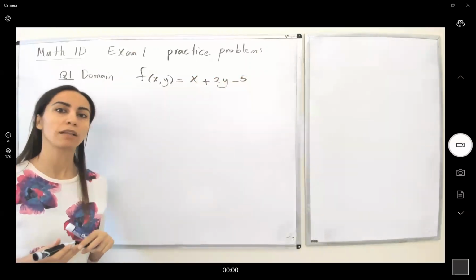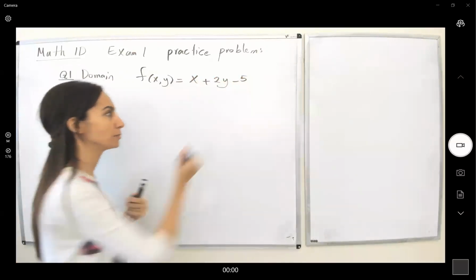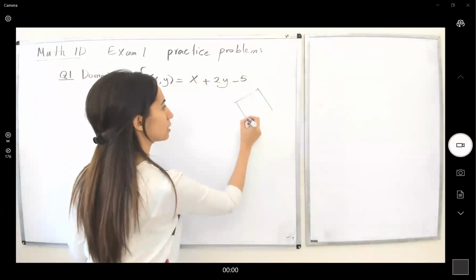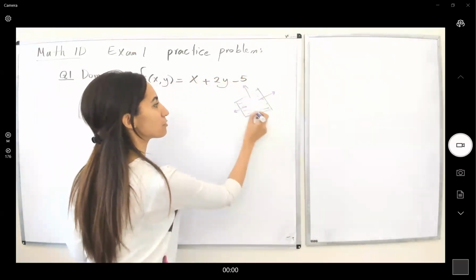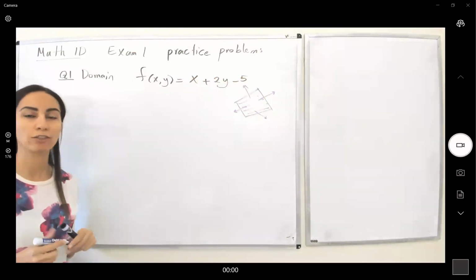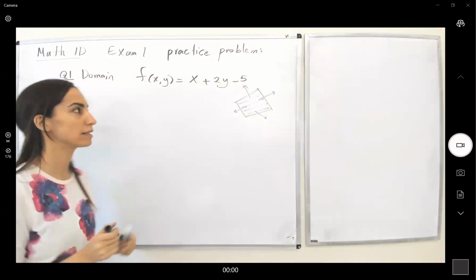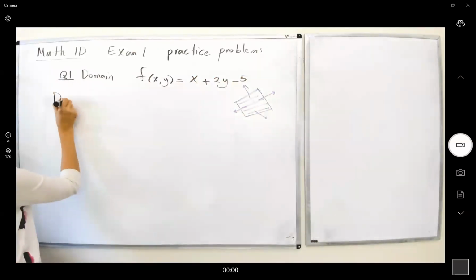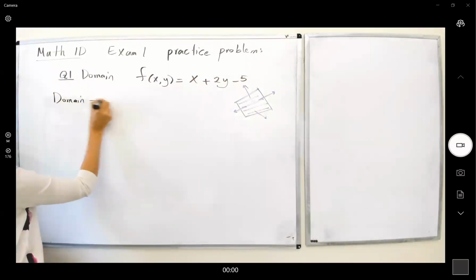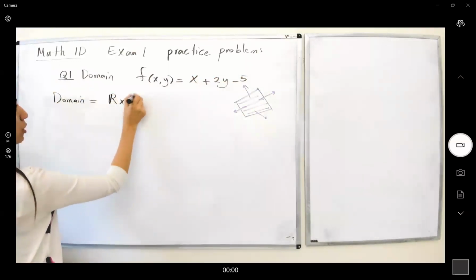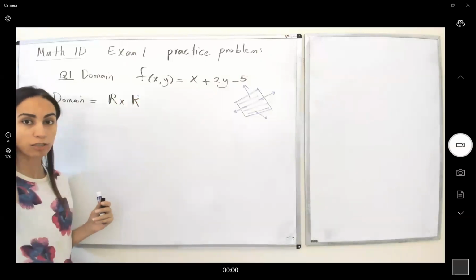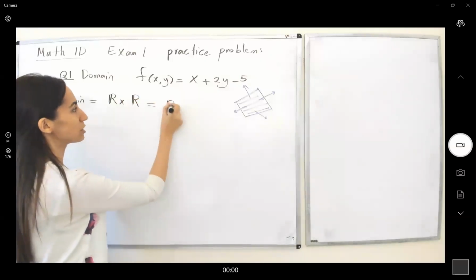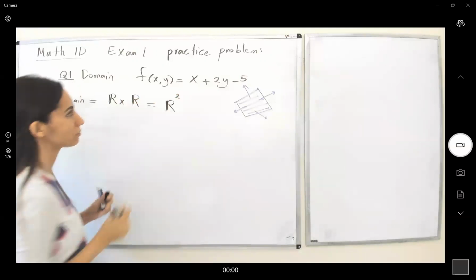So it means that this plane expands in the space in all directions. There is no restriction for values for x and y. You can say that the domain of the function is actually all points in the xy plane, or Cartesian product R with R, which is represented by R squared.